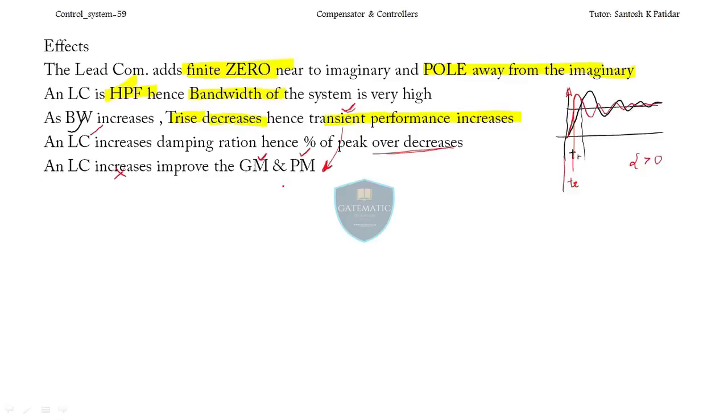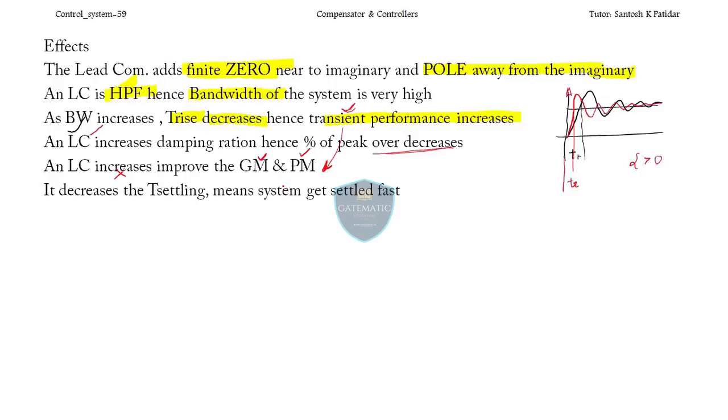Why are we looking at the gain margin and phase margin? To conclude the stability. So GM and PM are both terms related to stability. Now it decreases the settling time, means the system will settle very fast. So the delay or sluggishness in the system will be removed by the lead compensator.